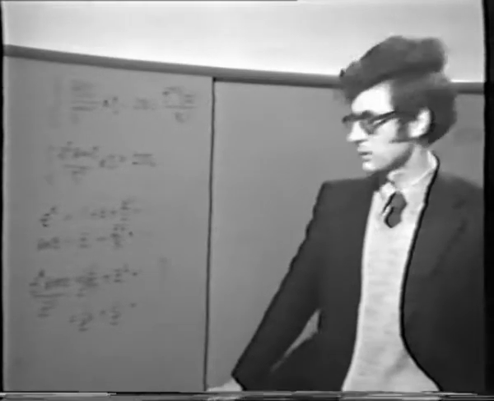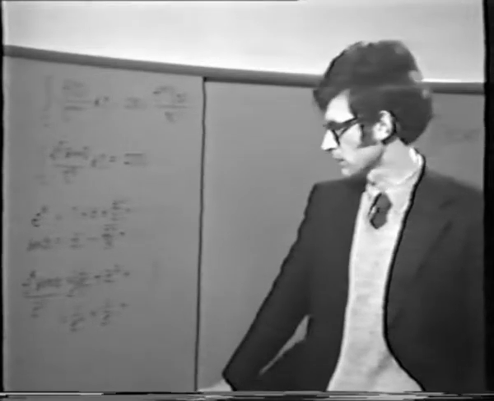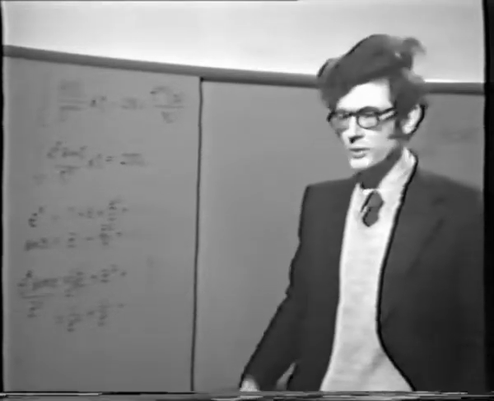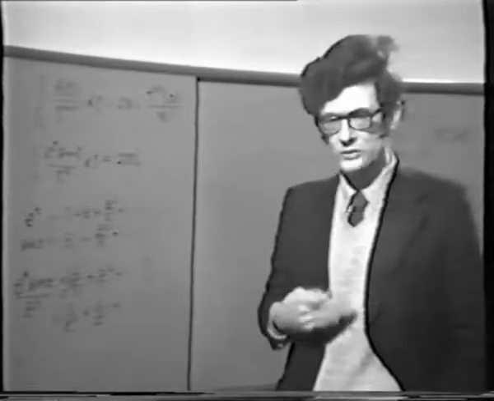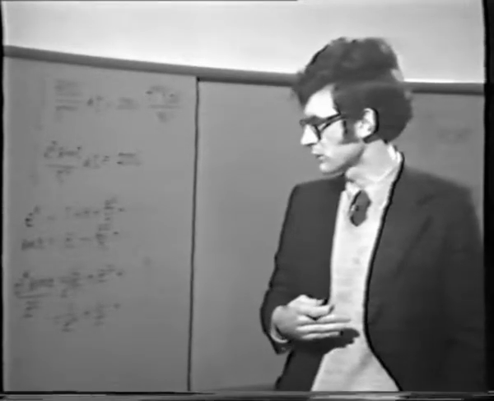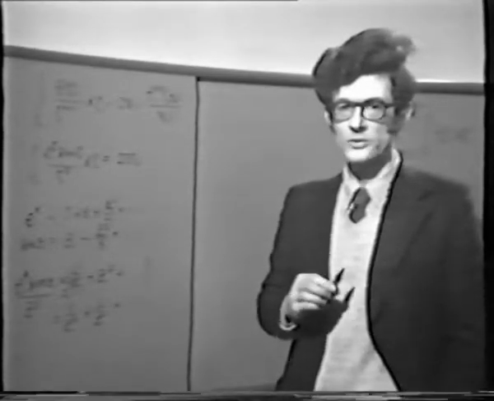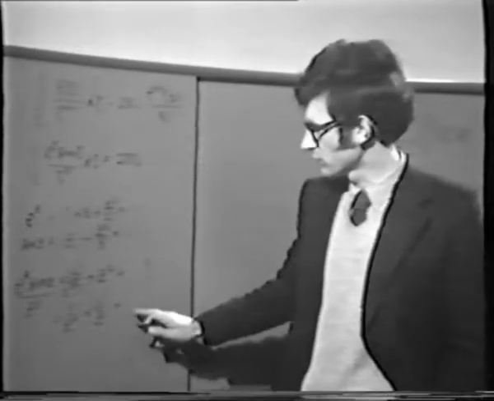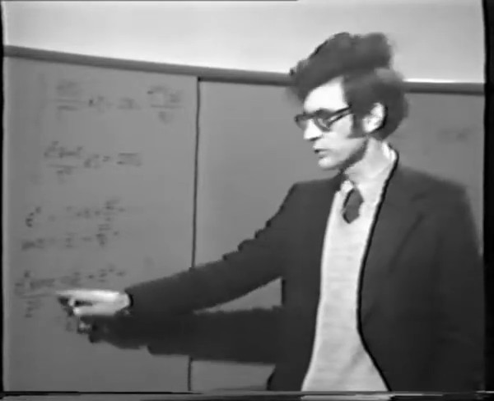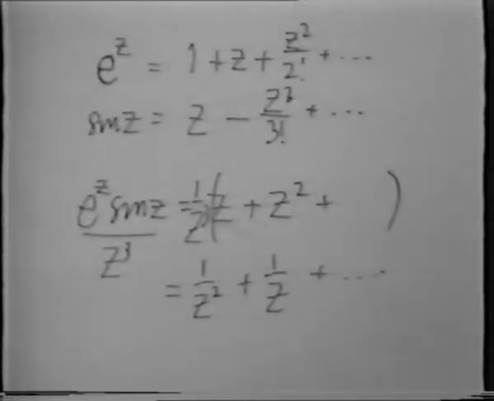Okay, I think we just better pause for a moment and think about that a little. I've got some sort of a series expansion for the function e to the z sine z over z cubed. And it's a series expansion in that this series must converge to e to the z sine z over z cubed, provided z is not equal to 0. That's the first thing. The second thing is, it's a little bit unusual. It's not the sort of thing you're used to seeing.